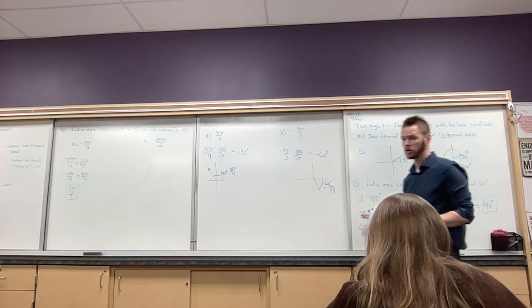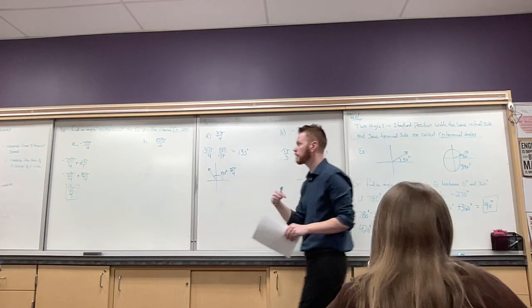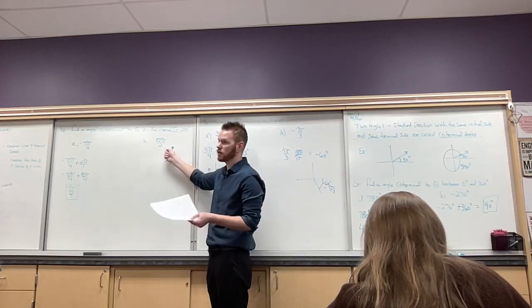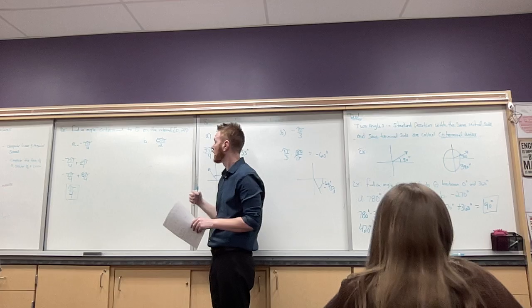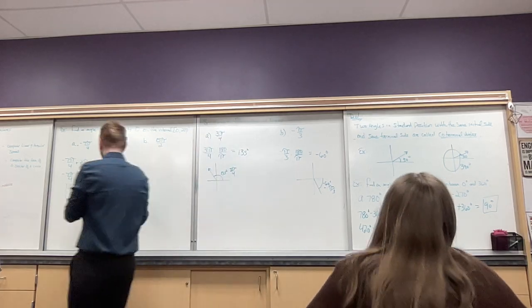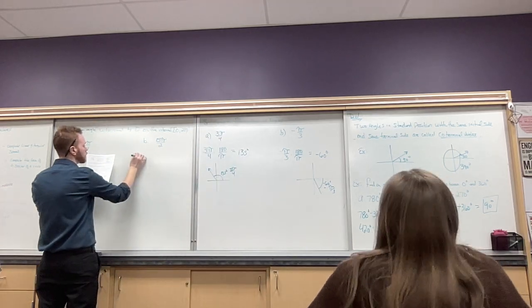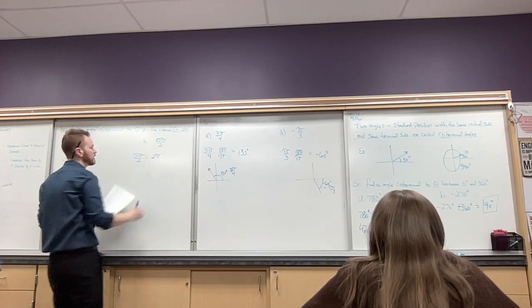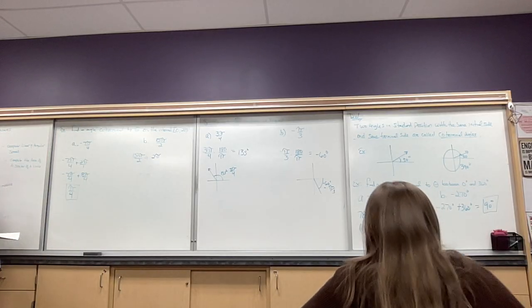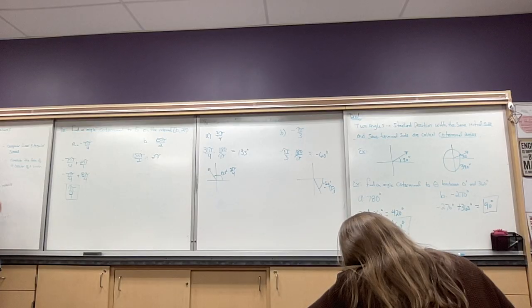Now what you could do to figure out how many 2 pi's you're taking away is take 2 pi and divide it into here and see how many times it goes around. It's one method of trying it out. So if I take 15 pi over 2 and divide it by 2 pi, that's going to tell me how many multiples of 2 pi I'm going to take away.